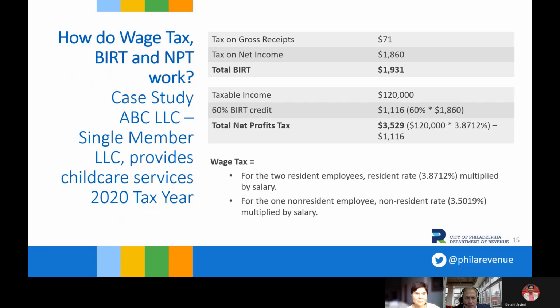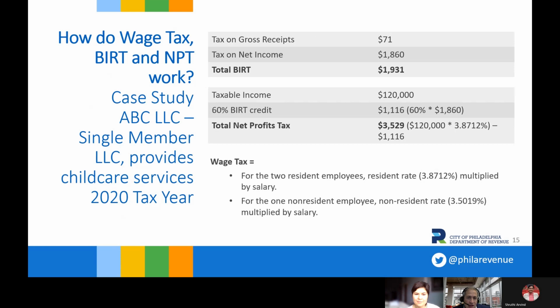As far as the net profits tax, you start out with net profits of $120,000, and then, as I said before, there is a credit against the net profits of 60% of the BERT tax on income that's paid. So in this example, you can see the tax on net income for BERT, $1,860.